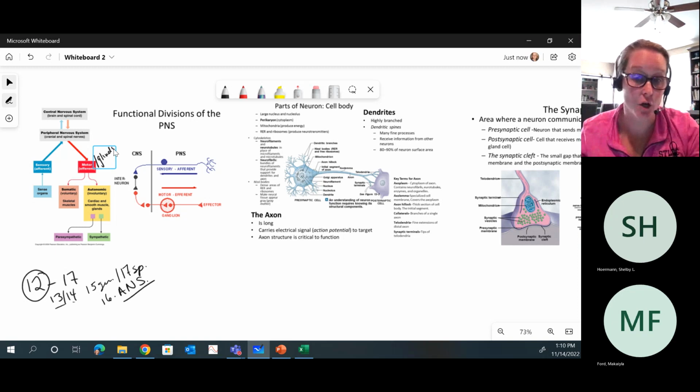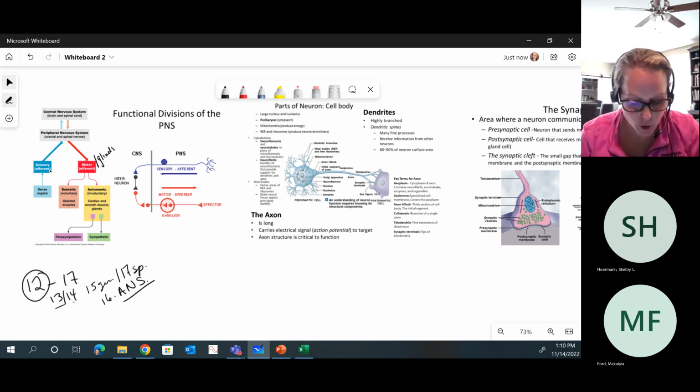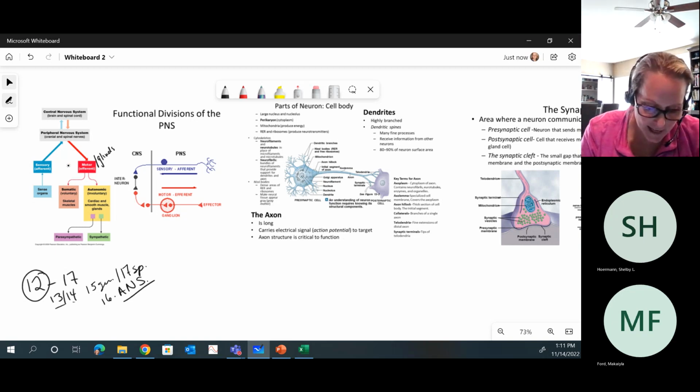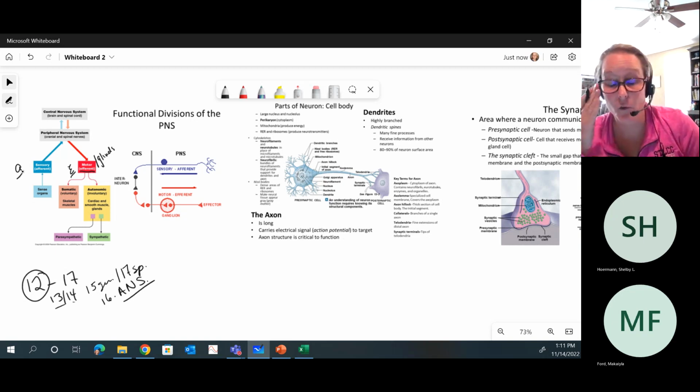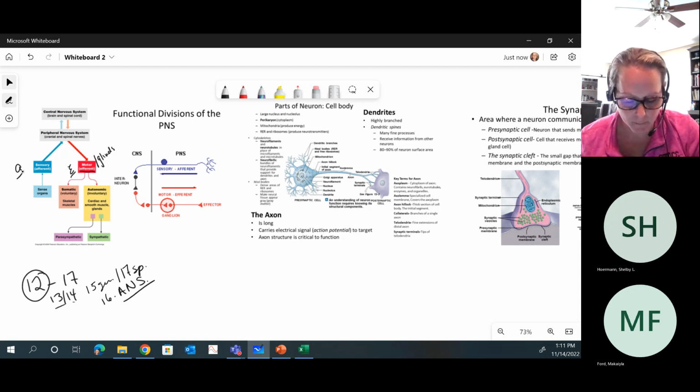So motor and secretions go out, and then things that come in are going to be sensory. Okay, and the terms we sometimes call things for when it's going out versus when it's going in: if it's exiting, we use the big E for exit. So efferent means it's going out. Afferent, the A at the beginning of the word, is going to be things coming in.